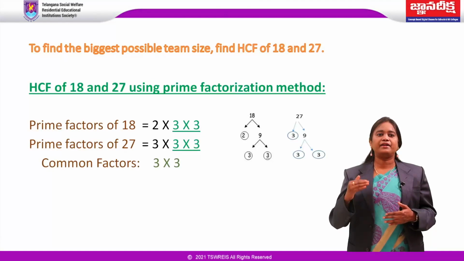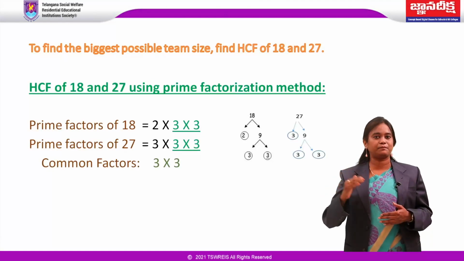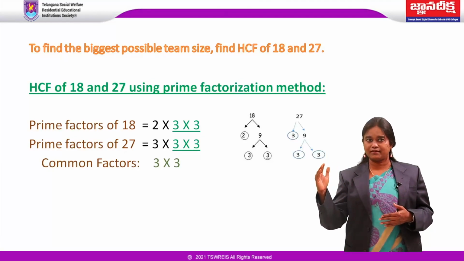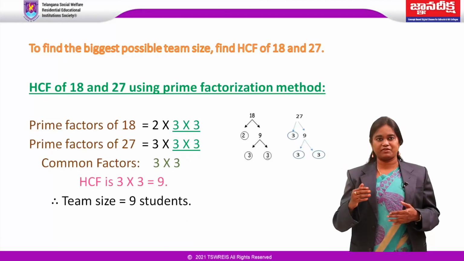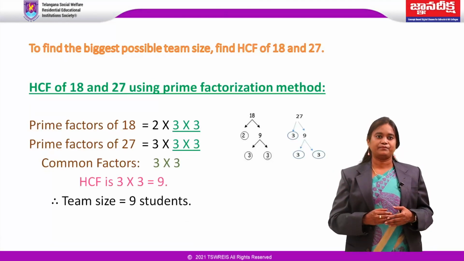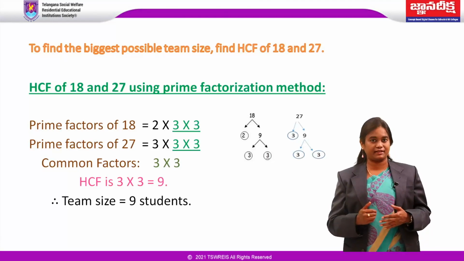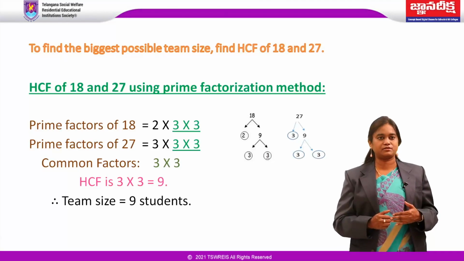Now, identify the factors which are common to both and multiply. That is, 3 into 3 is equal to 9. Therefore, HCF of 18 and 27 is 9. So, the biggest possible team size is 9, which means each team will have 9 students.